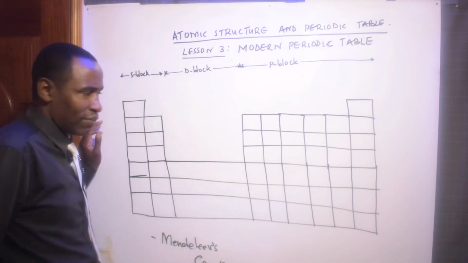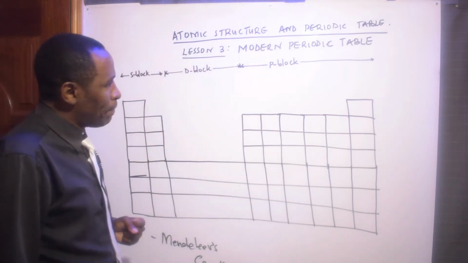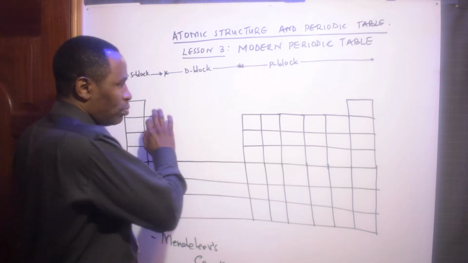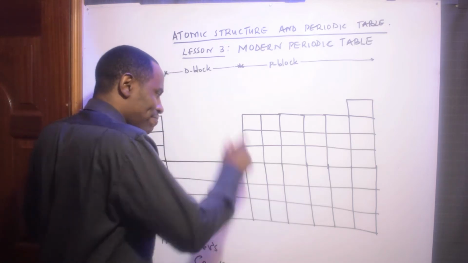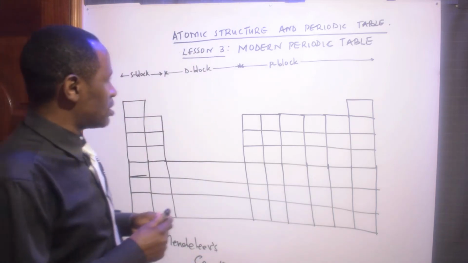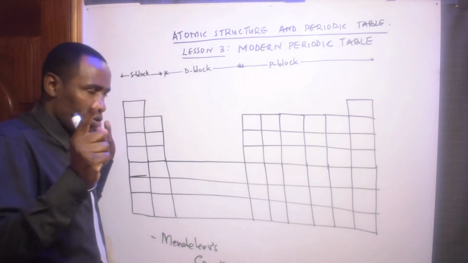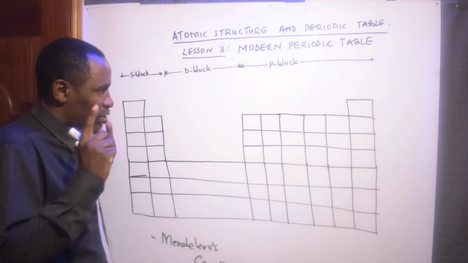This will be discussed further in your further chemistry. But the main ones, I'm going to have about 8 vertical columns. These vertical columns, we call them groups. Take note of that.